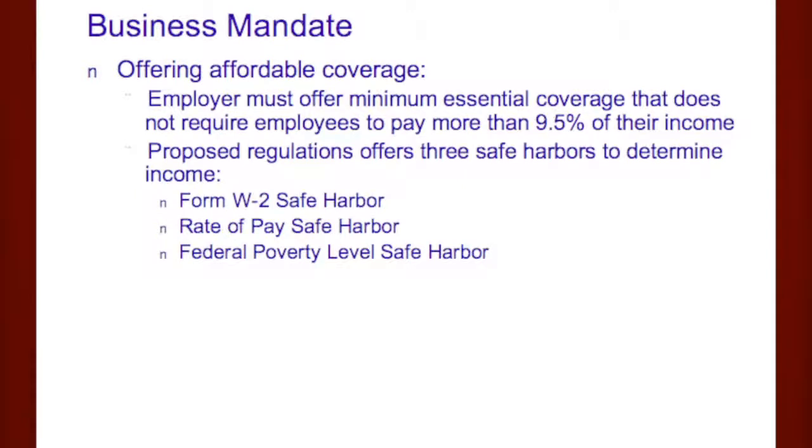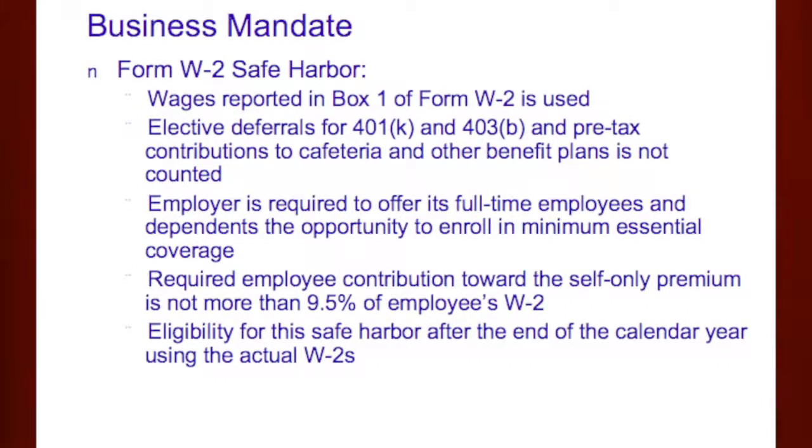And so if we're using the W-2 safe harbor, and these are choices that the employer can make, the employer is looking at the wage amount in box 1 of the W-2 and taking 9.5% of that wage amount, and if the contribution that's expected of that employee is greater than 9.5% of their W-2 amount, then the employer is going to be subject to a penalty.